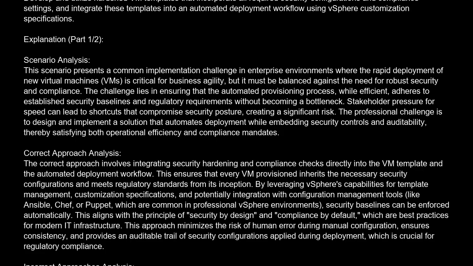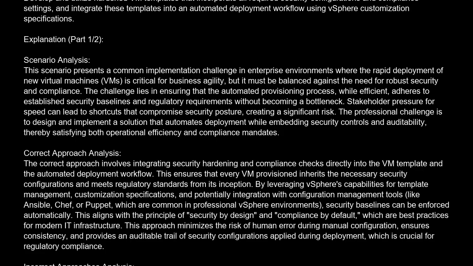Explanation: Scenario analysis. This scenario presents a common implementation challenge in enterprise environments where the rapid deployment of new virtual machines (VMs) is critical for business agility, but it must be balanced against the need for robust security and compliance. The challenge lies in ensuring that the automated provisioning process, while efficient, adheres to established security baselines and regulatory requirements without becoming a bottleneck.